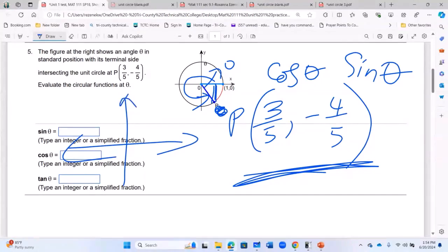The reference angle in the first quadrant is that theta. Reference angle, let's draw it here. This is called the reference angle. I use phi. Phi is not the same as theta. The reference angle in the second quadrant is equal to 180 minus theta.